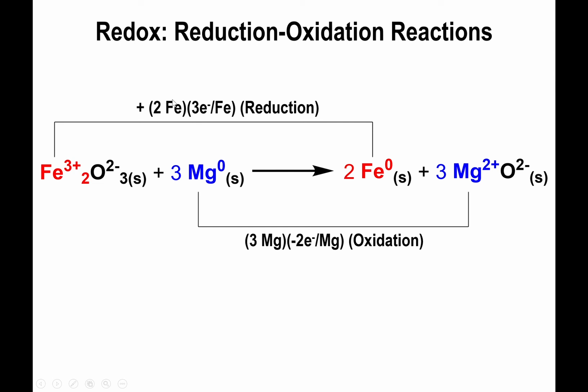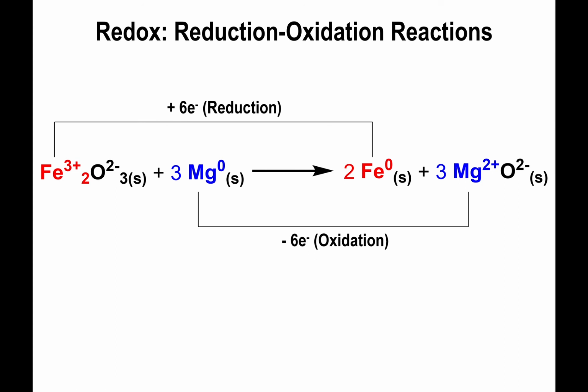What this will do is cancel out the irons in your fractions, the magnesiums in your fractions, and you end up with 2 times 3, which is 6 electrons, and 3 times minus 2, which will be minus 6 electrons. And right here, very clearly, it shows that any electrons lost in the oxidation process are gained in the reduction process. You will always have one with the other.